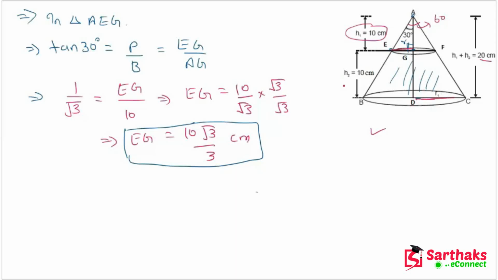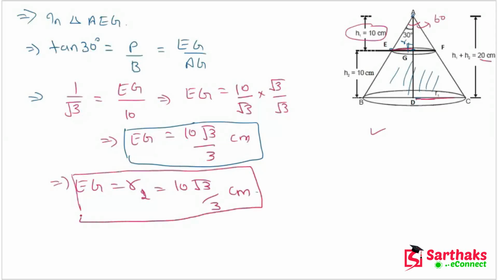I hope you get this point. So now EG is equal to R2 is equal to 10 root 3 upon 3 centimeter. So this is EG. Now we have to find R1, which means DC.